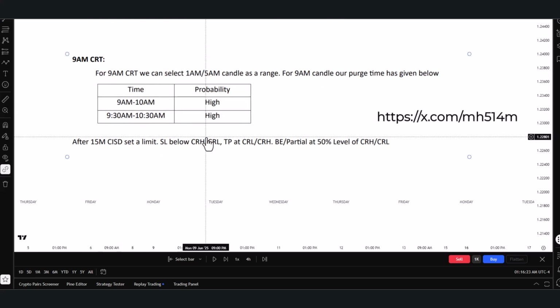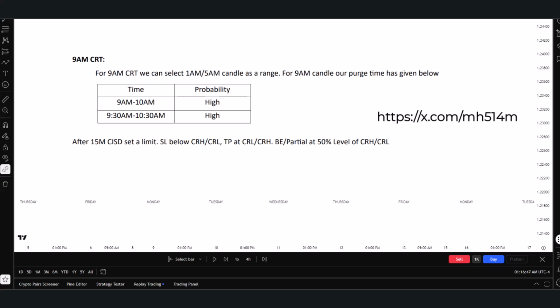If a purge occurred during this time period, then our trade will be high probability. And always remember for the 9 am CRT that after 11 am, if any entry is not triggered, then our entry will be invalid. We will trade only till 11 am.